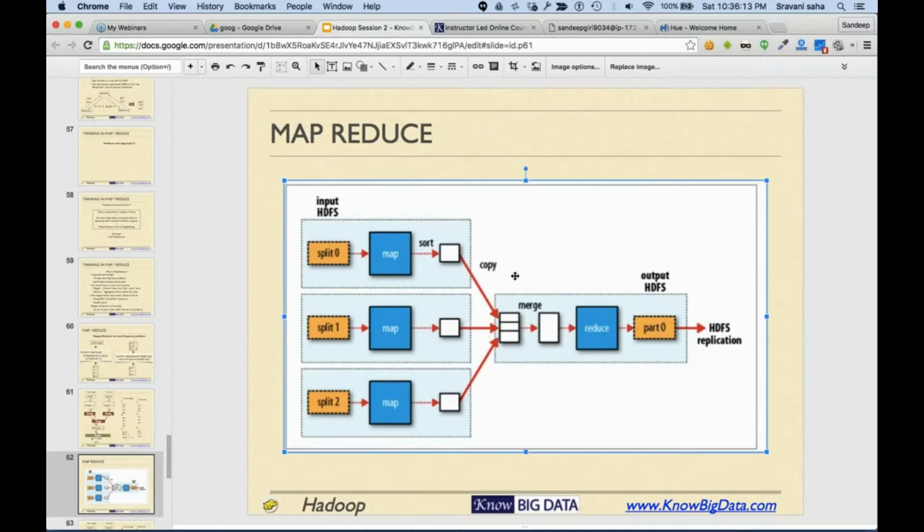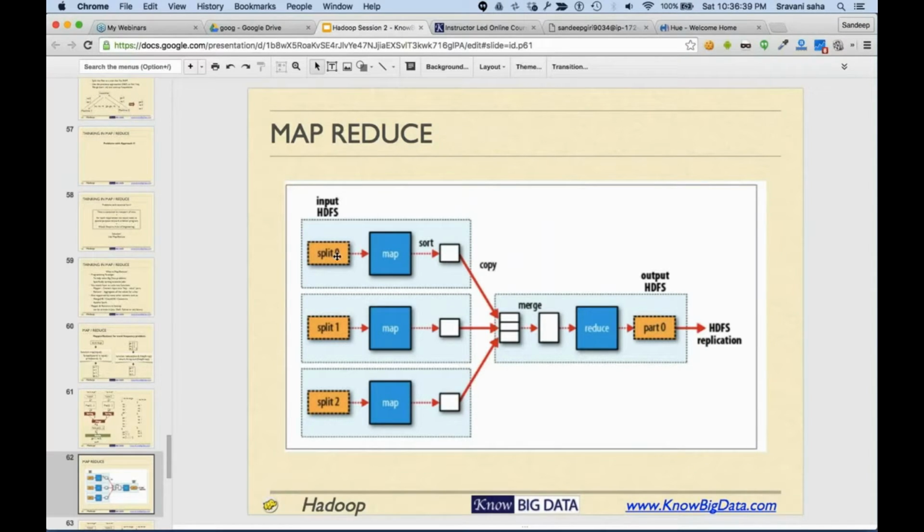Now, at this point, in case these two were successful, and this one failed, this will get executed on another machine, and the same process will again start, because merge needs all the parts from all the machines. In case this one failed, then this one will get executed on another node containing the same block.